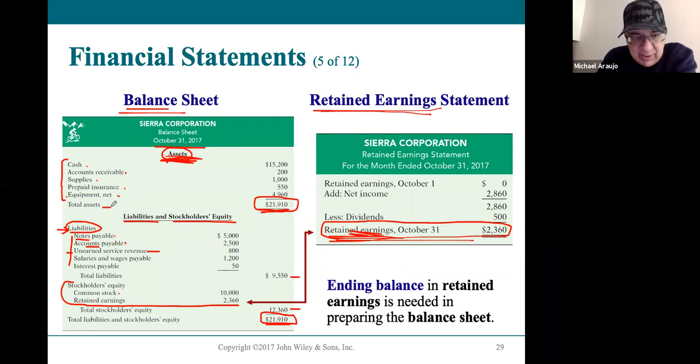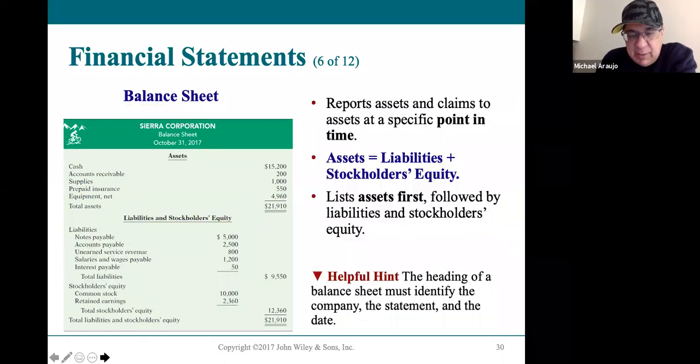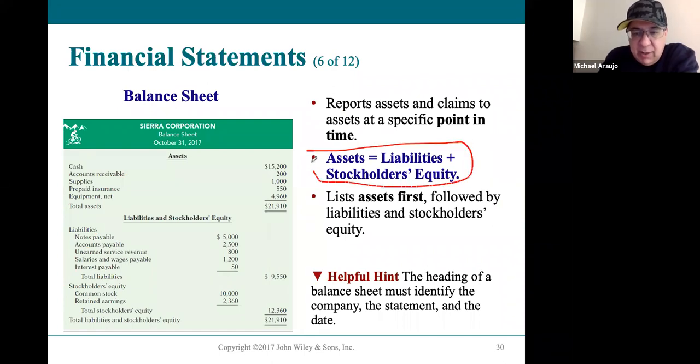See, total assets are listed, total liabilities, total stockholders' equity. So a balance sheet is a balance sheet because the assets equal liabilities and stockholders' equity. This particular formula of assets equals liabilities and stockholders' equity is a very important formula. It's called the accounting equation. It's also called the balance sheet formula. But nonetheless, it is a very, very important formula that you need to know.